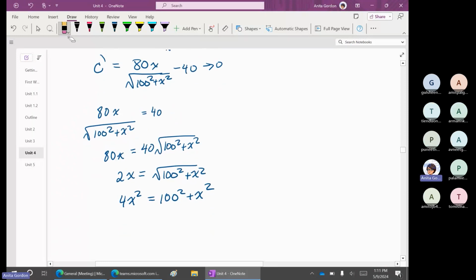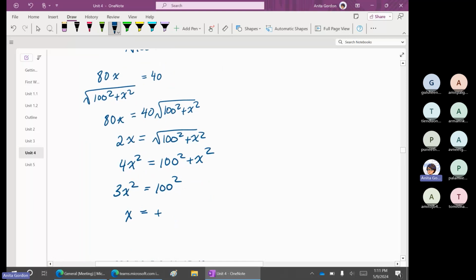So 3x squared equals 100 squared. So x is plus or minus 10 root 3.